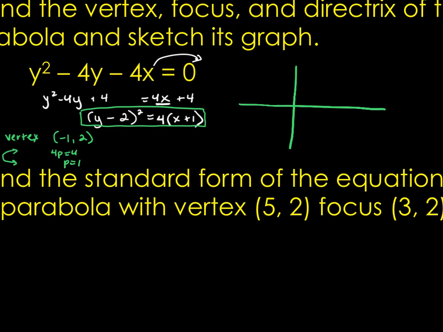I plot my vertex, negative 1, 2. I know it points to the right, and I know p is 1. So 1 point to the right is my focus, which is 0, 2. 1 point to the left is where I send my vertical line through, which is my directrix, which is x equals negative 2.